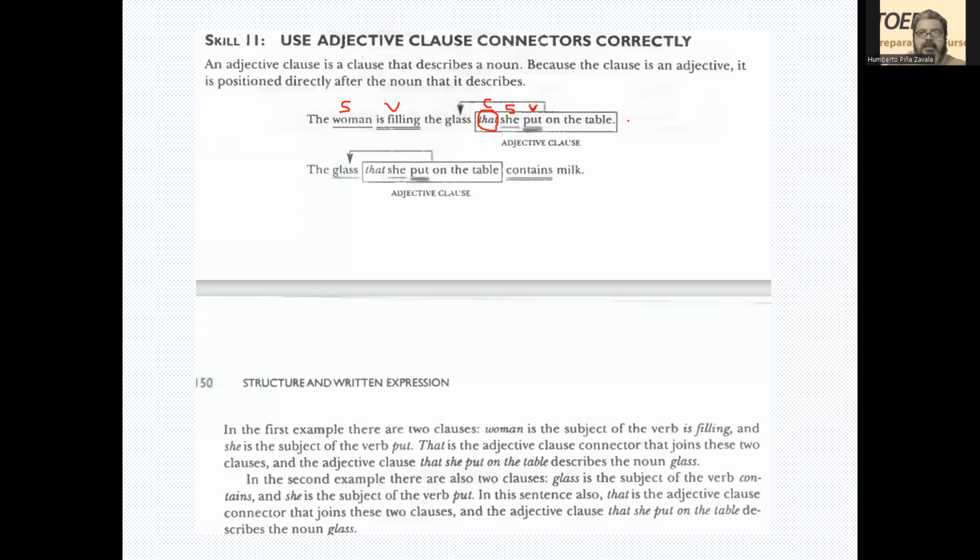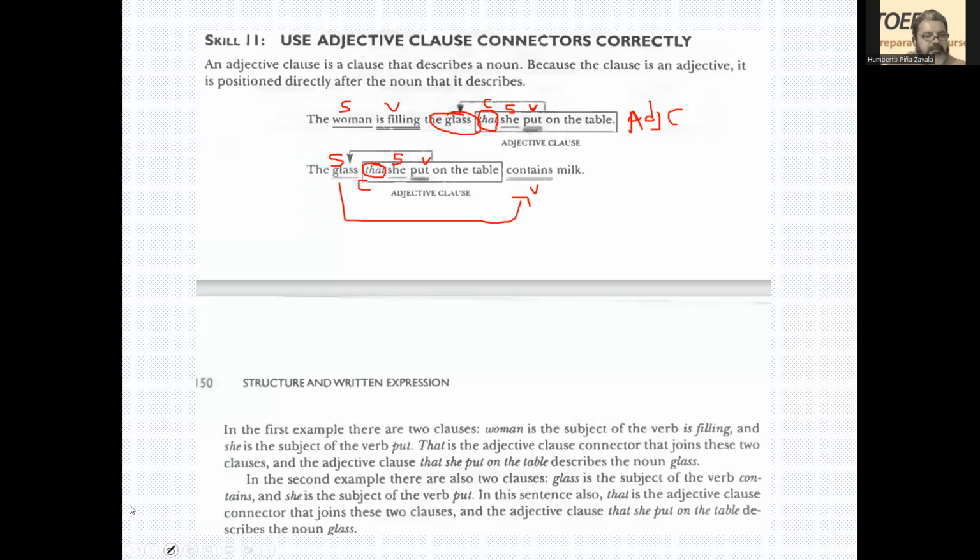So remember, the whole thing is an adjective clause. And it is describing the noun glass. So again, the glass, subject, contains milk, right? The glass contains milk. What glass are we talking about? The glass that, that's a connector, she put on the table, right?